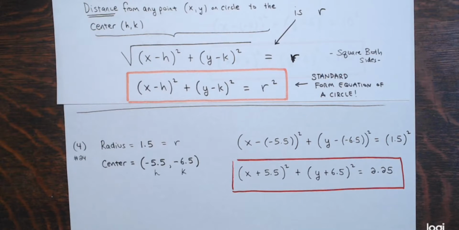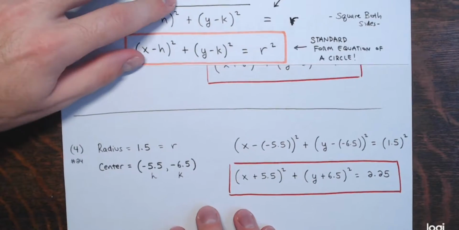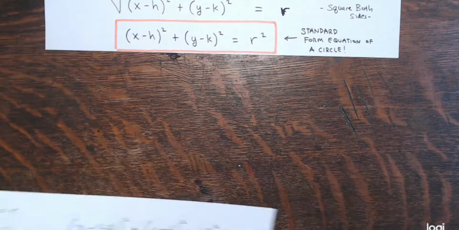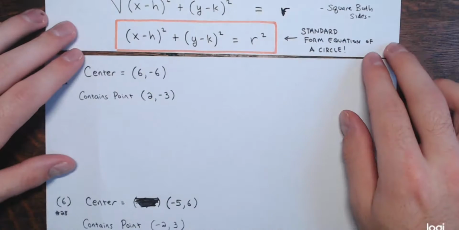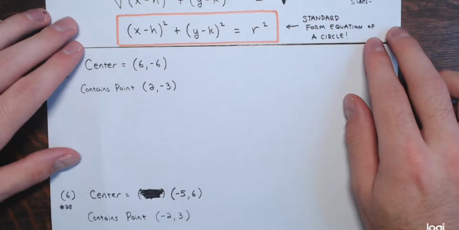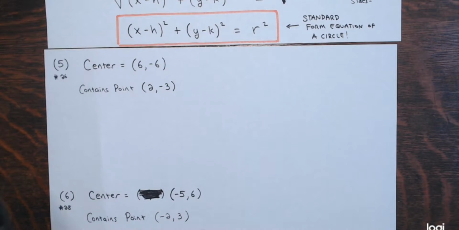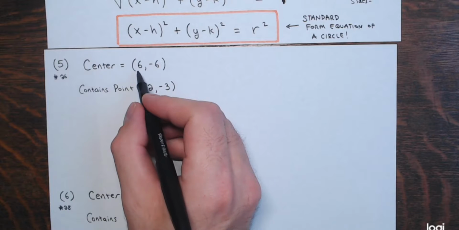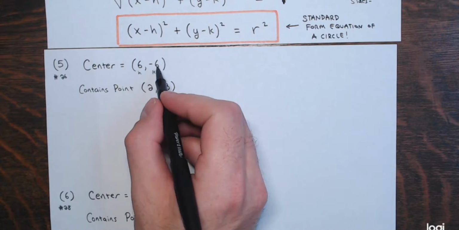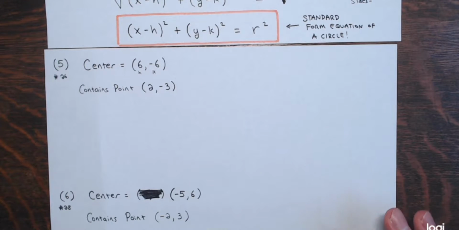All right, now the next question is where things start getting a little different. I will keep the standard form up so we can see it. But now, instead of giving us the center and the radius, they give us the center, so that's the h, k, 6, negative 6, but then they give us another point on the circle.